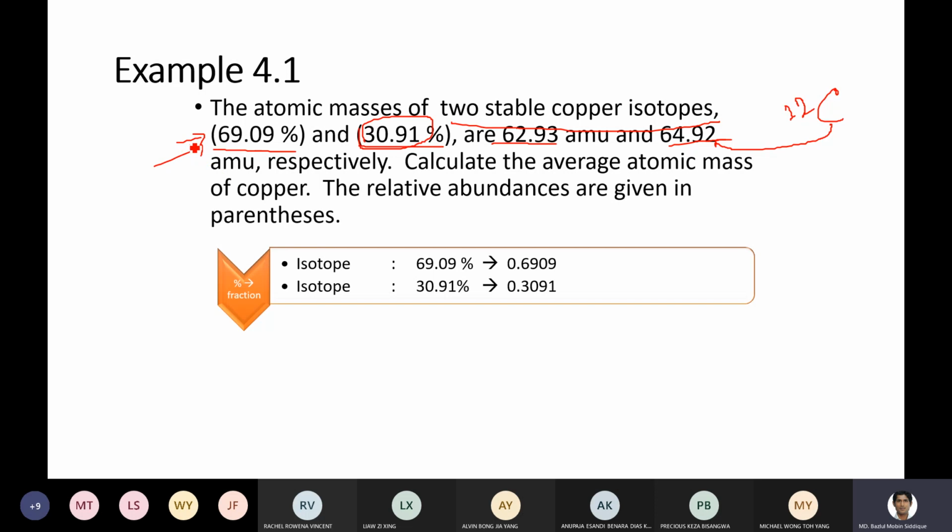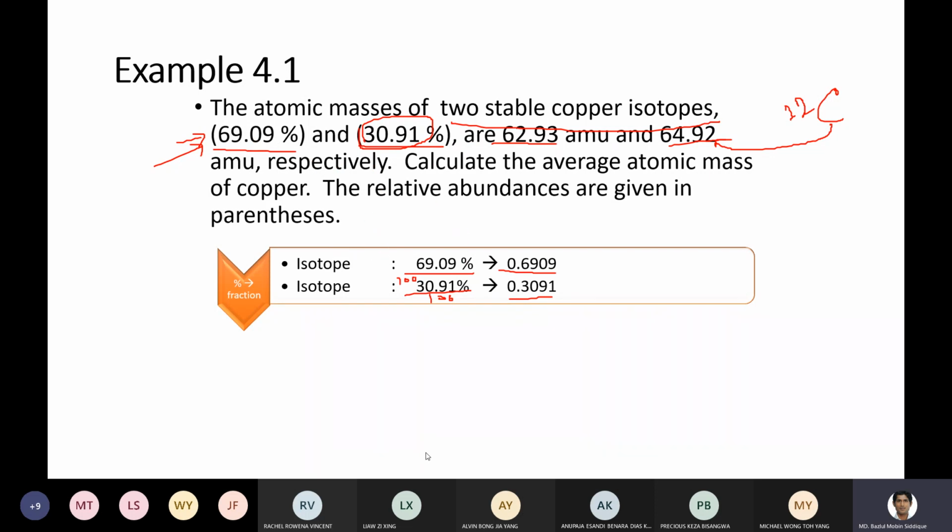So we see that it is 69.09%. So it means that it is 0.6909, or we just divide by 100%, right? And this one also we divide by 100, so that this percentage means 0.3091 of the copper isotope is abundant in nature.